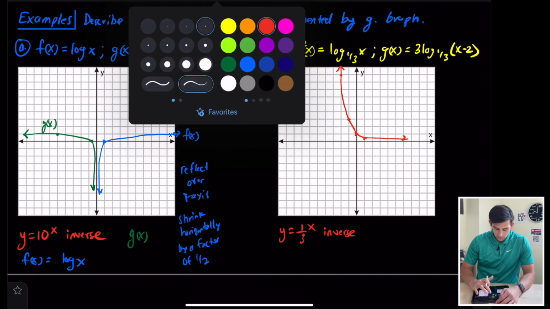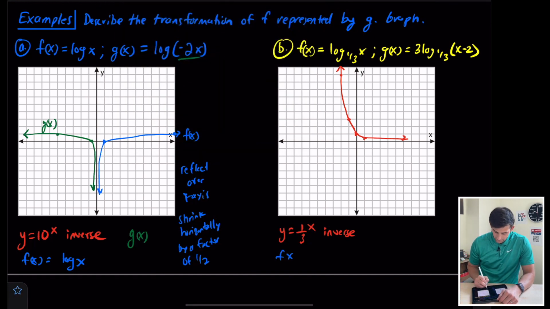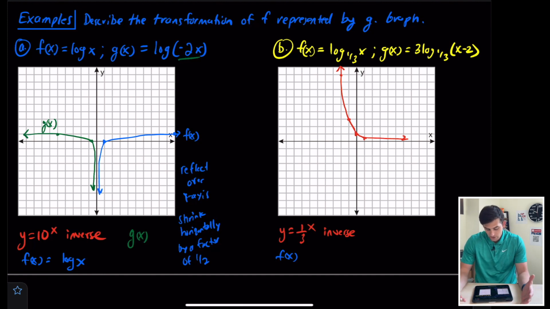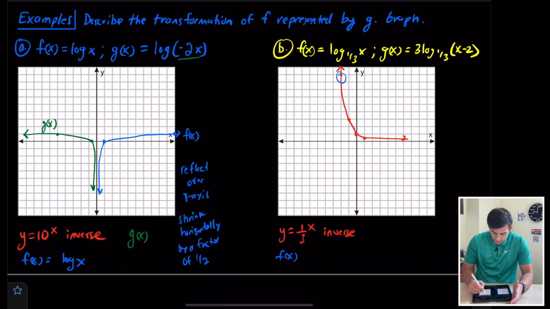All right, so now in blue, we will graph our f of x function, and that is the inverse of what we just graphed in red. So if we think about these 3 points right here, instead of 0, 1, we're going to have 1, 0. Instead of negative 1, 3, we're going to have 3, negative 1.